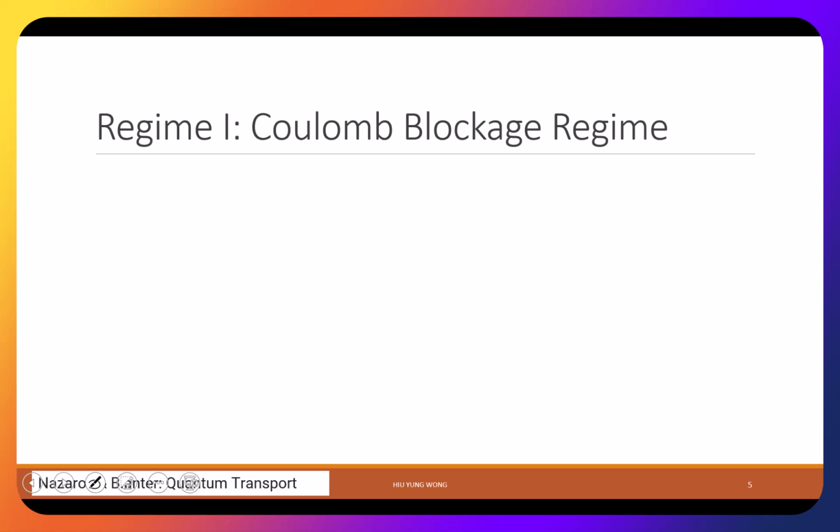This is what we want to say, right? So assume we are at low temperature. What does it mean? It means kT over q is very small. 10 millikelvin, for example, right? Your silicon, your qubit at that temperature.